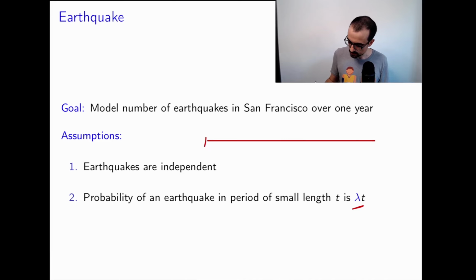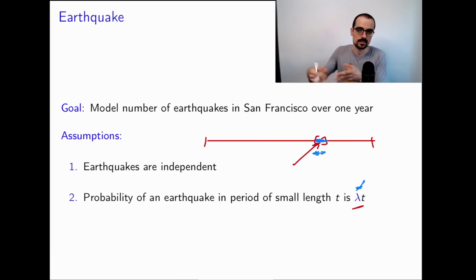And what we're saying is that if you zoom in on any interval of that year, and you ask what's the probability that an earthquake happens in this very small interval, the probability is going to be proportional to the length of the interval and to a certain rate of earthquakes, lambda, which is a parameter.